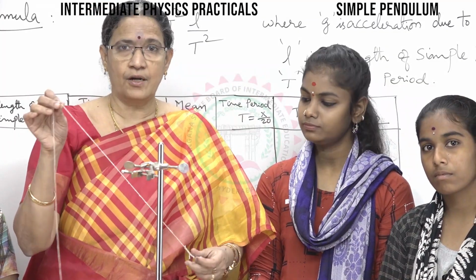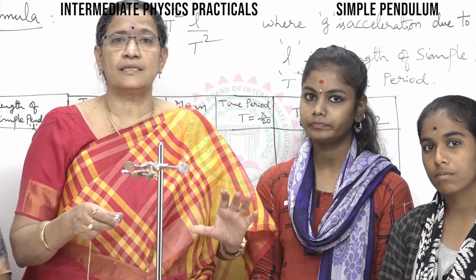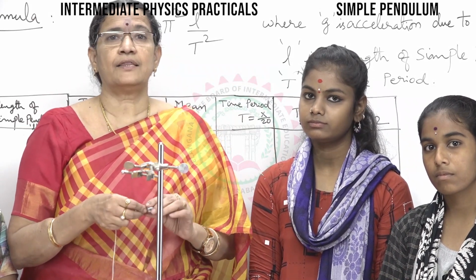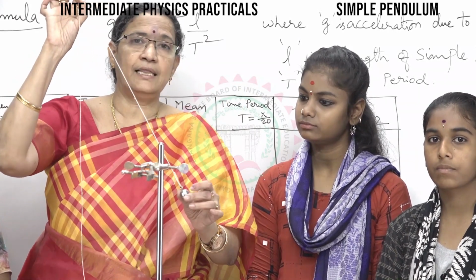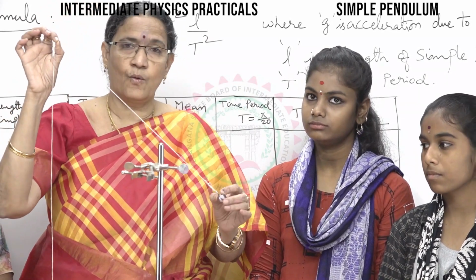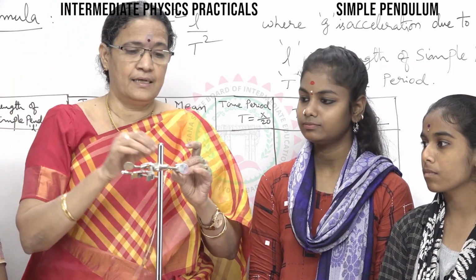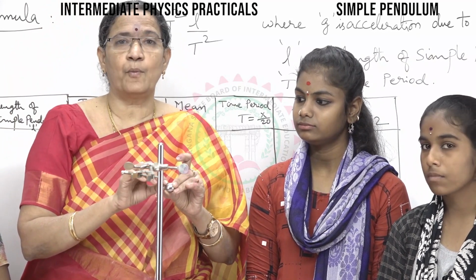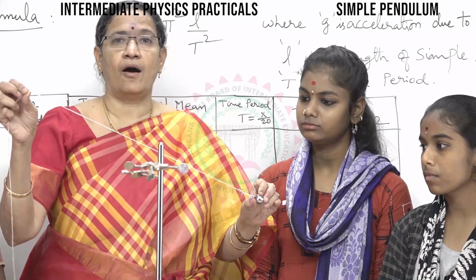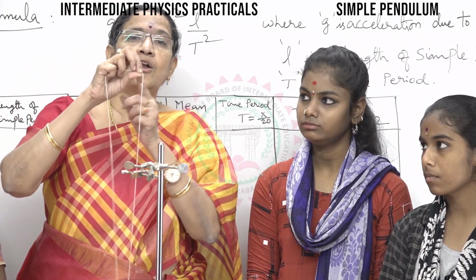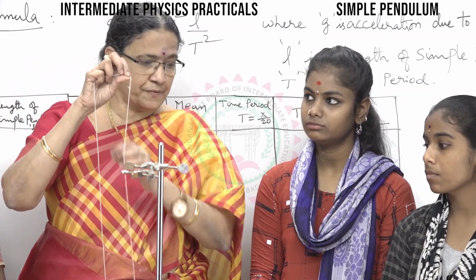Today we are not going to do all that. We are just roughly taking the length of the simple pendulum from the point of suspension till the midpoint. So, to the center of the bob, I am going to measure 50, put an ink dot and see that the ink dot becomes the point of suspension.